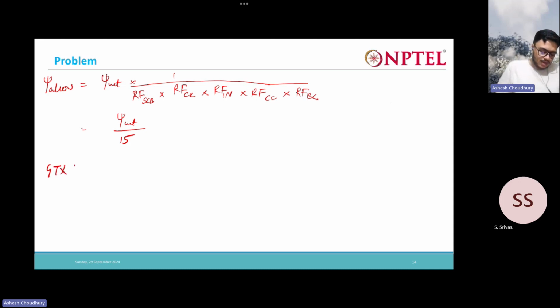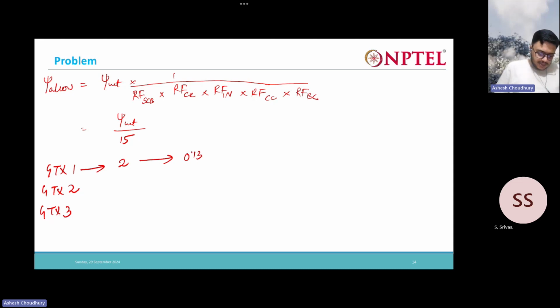Now for all the geotextiles we will write it: geotextile 1, geotextile 2, and geotextile 3. For geotextile 1, the ultimate is 2. So what is the allowable? 2 by 15, how much is 2 by 15? 0.13.